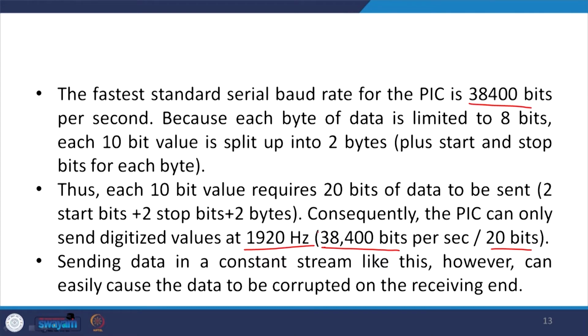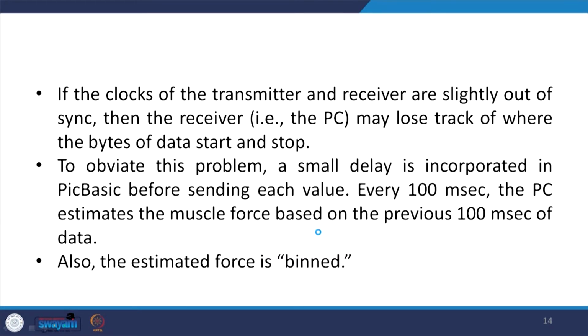Now, sending data in a constant stream like this can easily cause the data to be corrupted on the receiving side. If the clocks of the transmitter and receiver are slightly out of synchronization, then the receiver, that is the PC, may lose track of where the bytes of data start and where they stop.